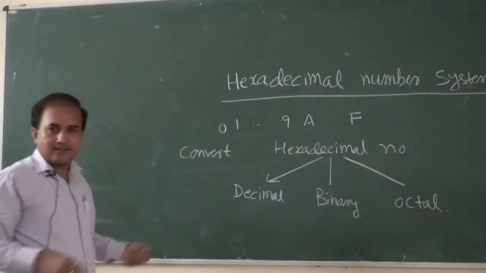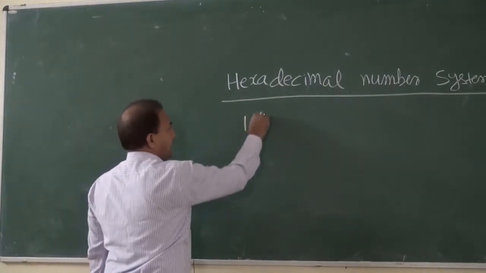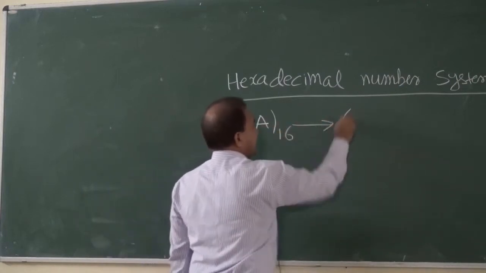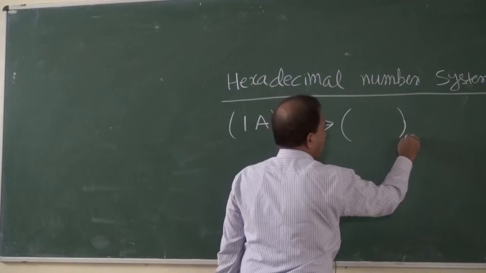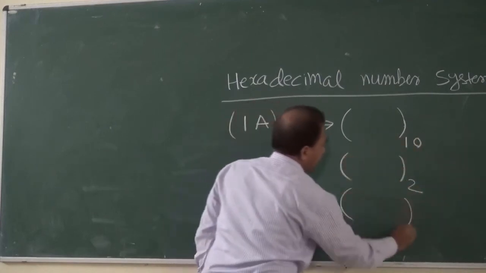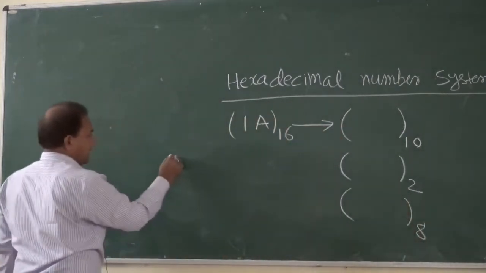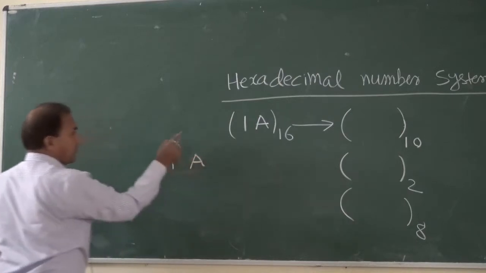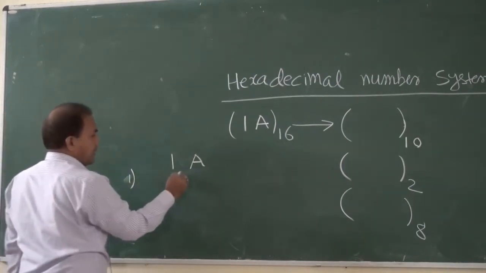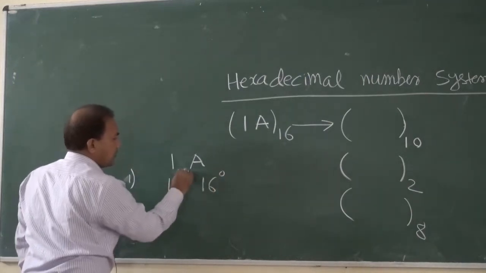How you can convert? Let us see one example. Suppose the number is 1A. This is to the base 16. How you can convert it to decimal number, to binary number, and to octal number? To convert to decimal, it is 1 and it is A. So you can write 16 to the power 0, 16 to the power 1.